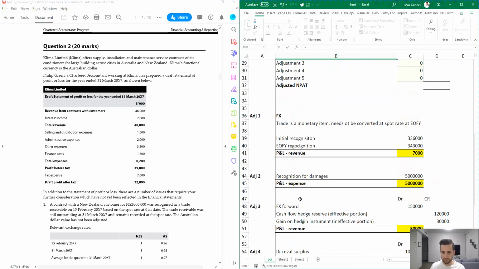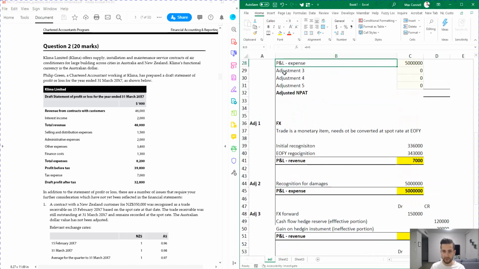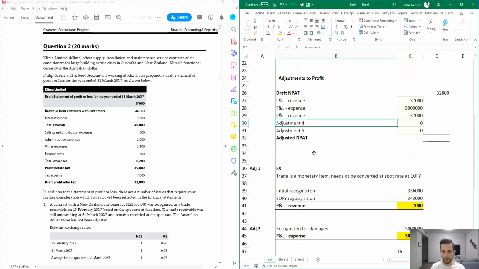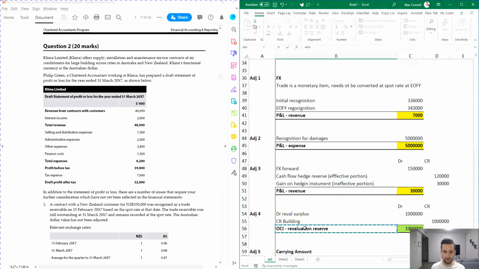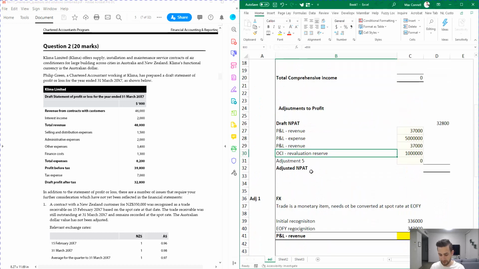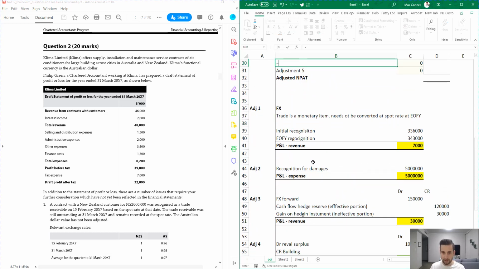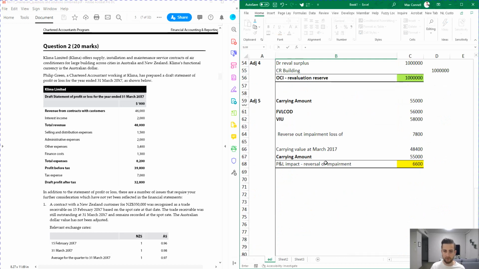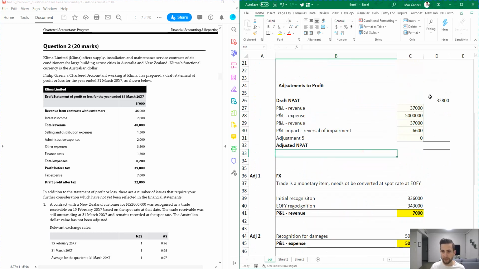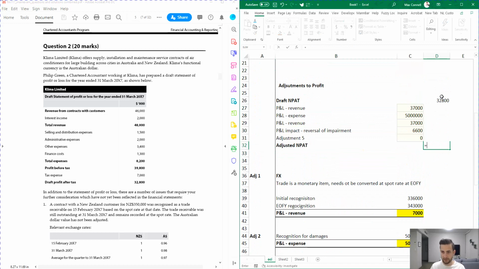Okay, second adjustment is for the P&L expense. Third adjustment is for the provision. Next one is for OCI. Actually, that's not going to hit the P&L, that's in OCI. The next one is for reversal of impairment. Okay, so these are the amounts here.